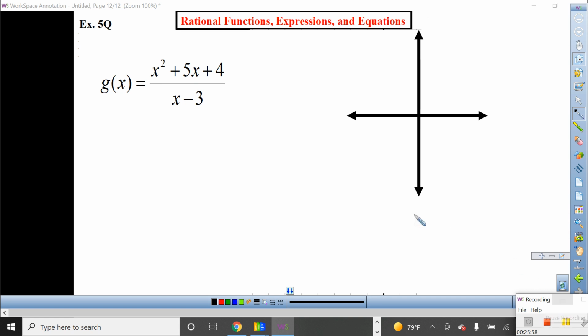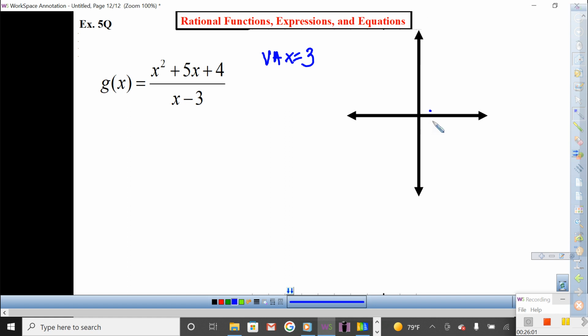Copy it. Now let's see where we're at. VA, x equals what? 3, that is correct. Hands, you got that? Okay.